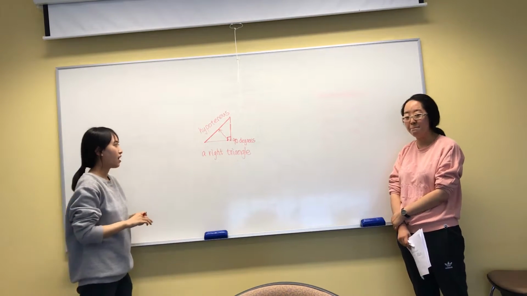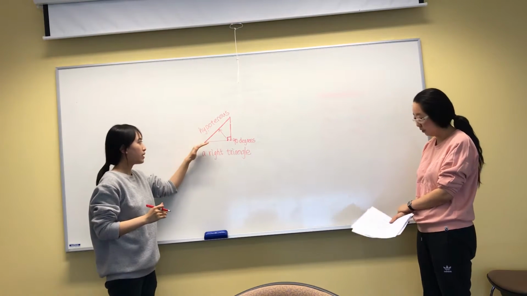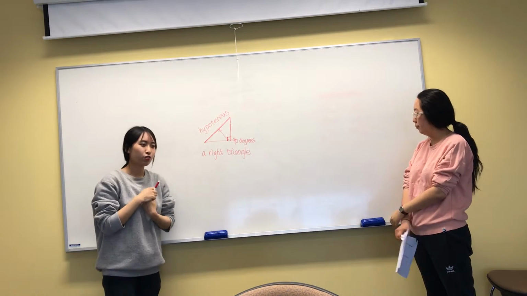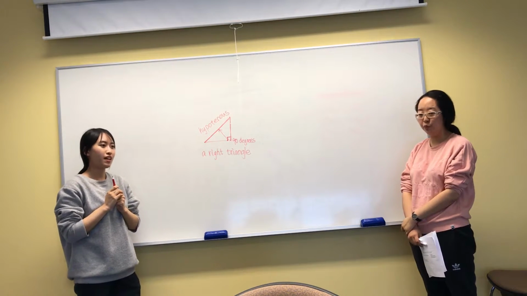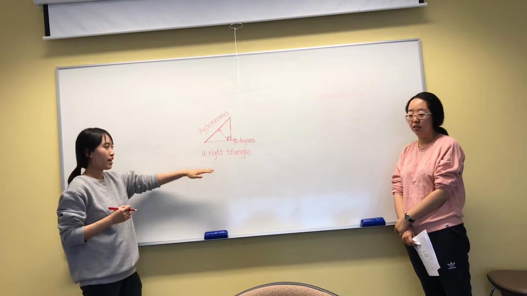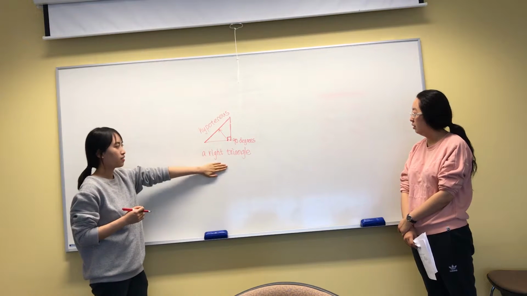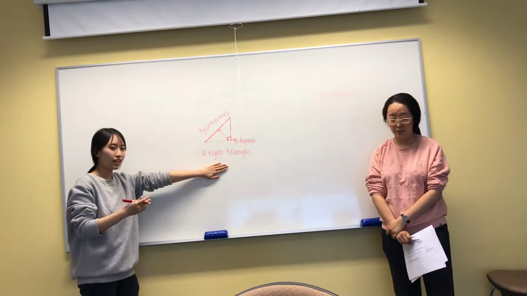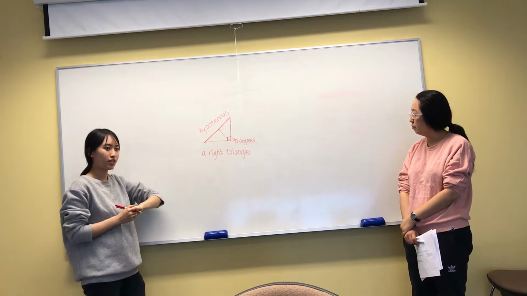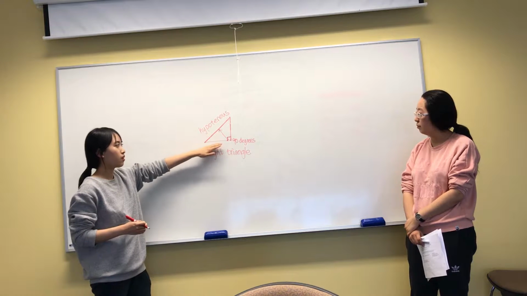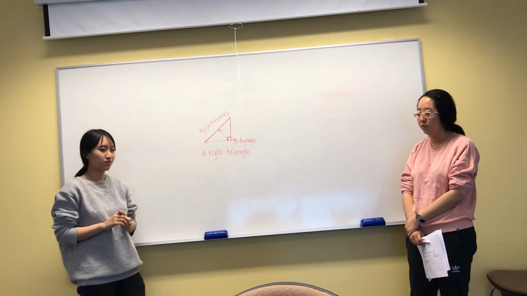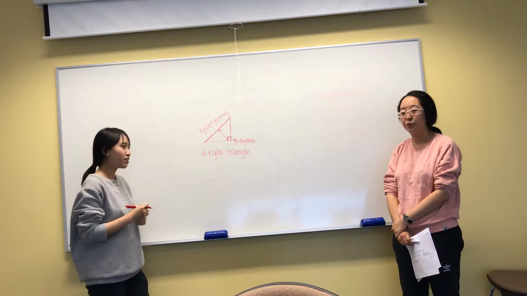Okay, good. Now we've reviewed a little bit about the right triangle. Now, there is a theory that we learned before, which has to do with a right triangle. Can anyone think of the theory that we learned before that has something to do with a right triangle? Oh yeah, very good.